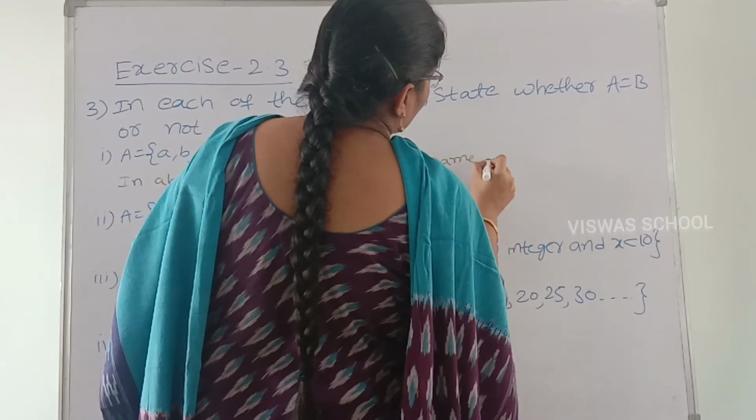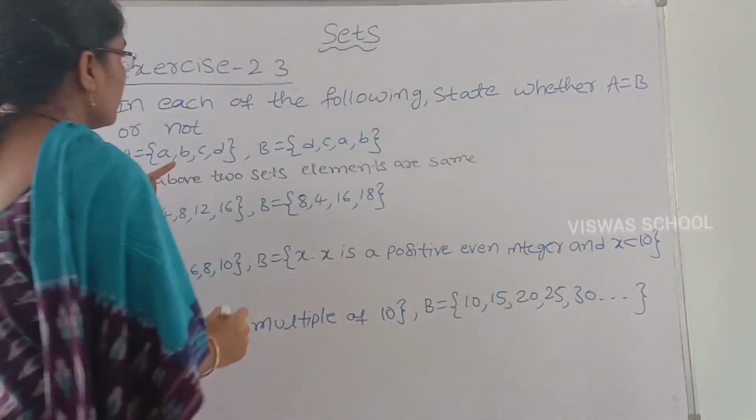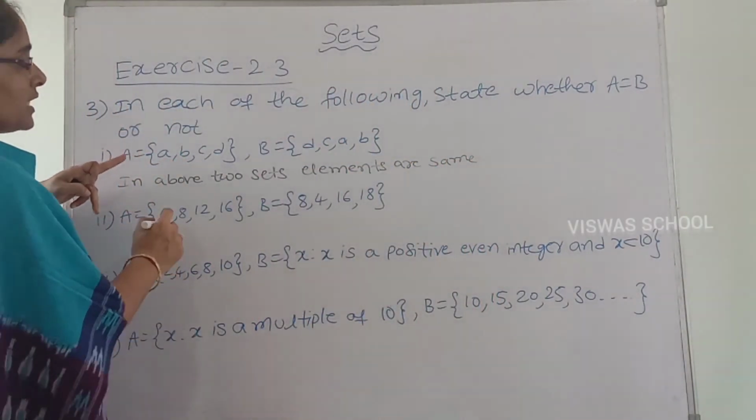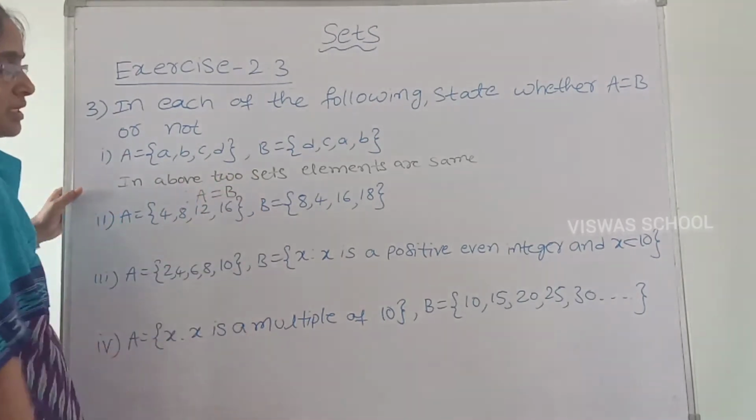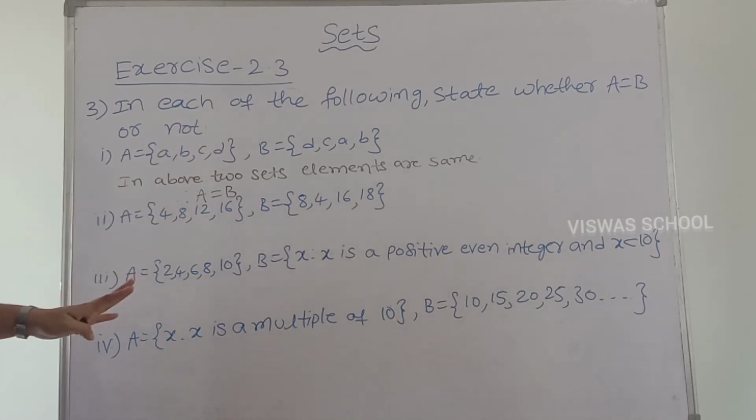Therefore, these two sets are equal sets. A is equal to B because these two sets have the same elements.